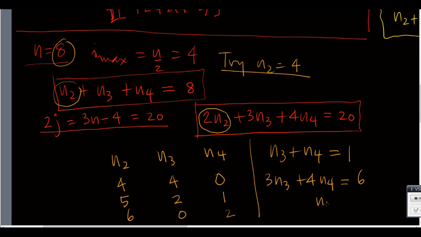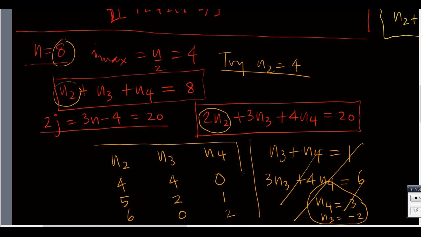Therefore, n4 is equal to 3. This means n3 is equal to minus 2. So that is not a reasonable solution. So there are no other solutions. Okay, this is the set of solutions, and the book says it is an exercise for you to think about the different mechanisms that can be drawn using these parameters.